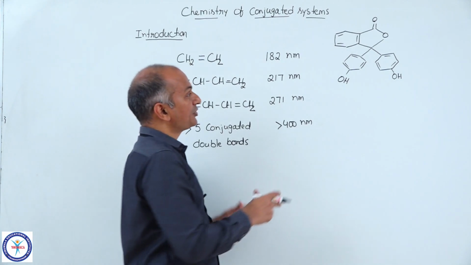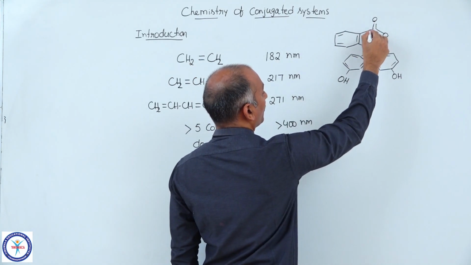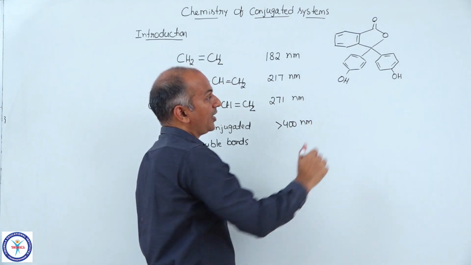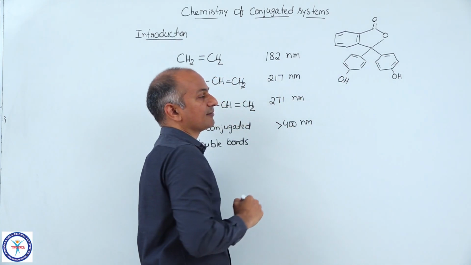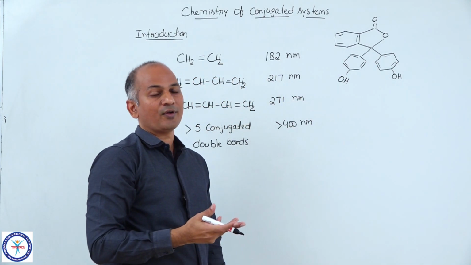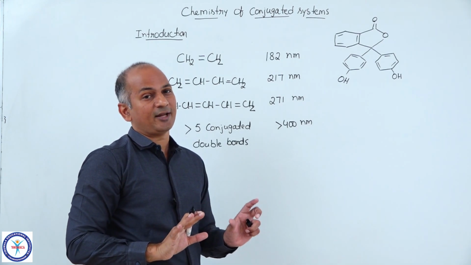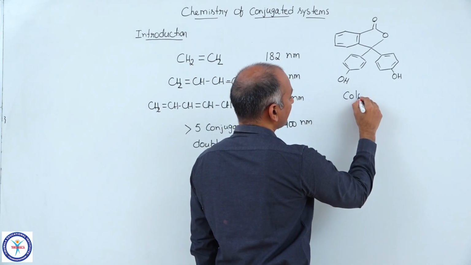No. Here, these 3 double bonds and this double bond C=O, we have 4 double bonds in conjugation. If you come to this ring, 3. If you come to this ring, 3. So maximum 3 or 4 conjugated double bonds are there, but we don't have 5. This compound is not colored. Colorless.